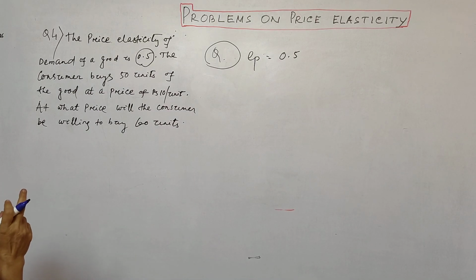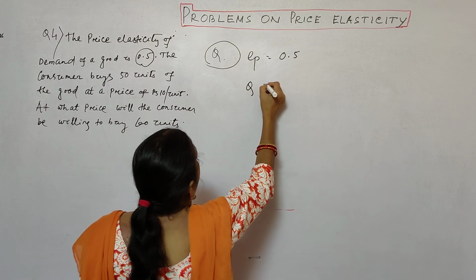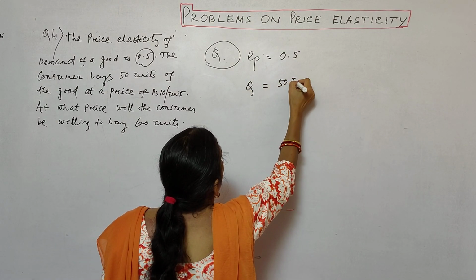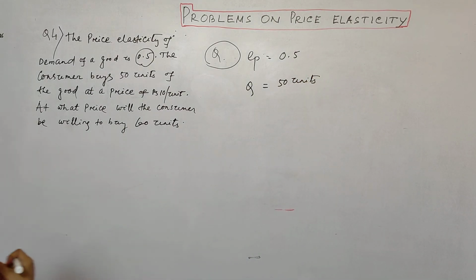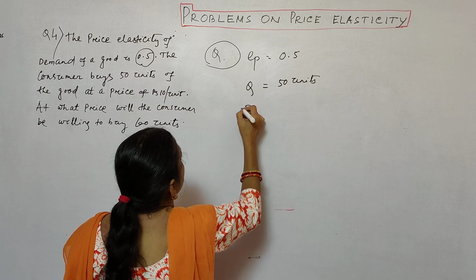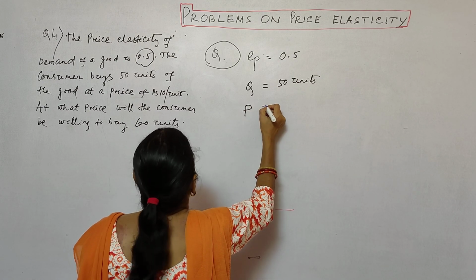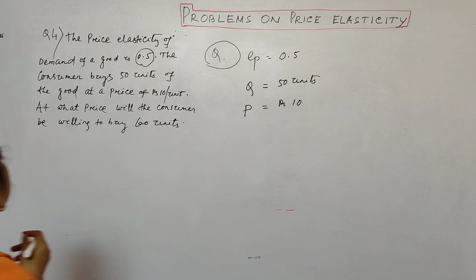The consumer buys 50 units of the good. They have given us Q, the initial quantity, equal to 50 units, at a price of rupees 10 per unit. Price they have given us, the initial price, equal to rupees 10 per unit.